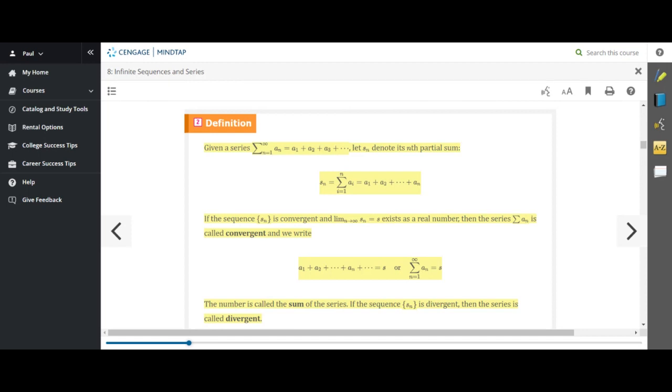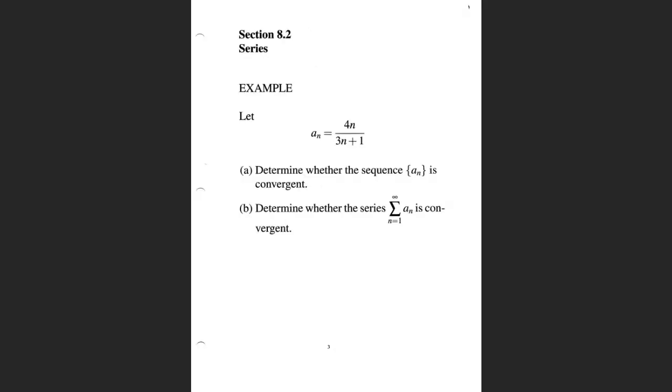Now it's a good time to bring in one of my examples. Let me give you a moment to copy this example down, okay? And then we'll go over it.